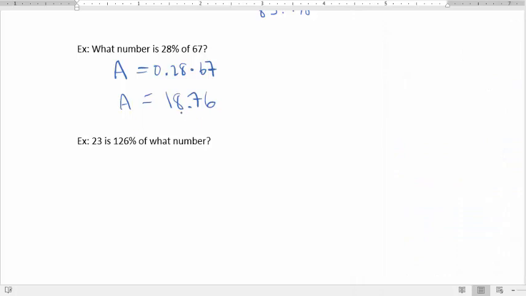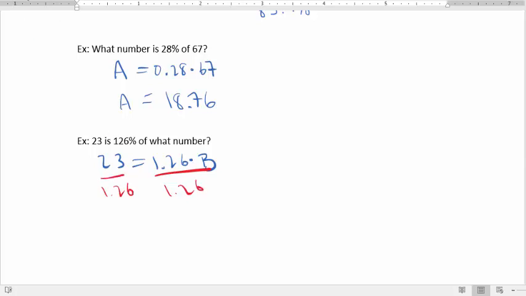Okay, so there I was solving for A, and in this last one, I'm going to be solving for B, right? So if I start doing my translation, 23 is 126%, which I would write as 1.26, "of" meaning multiplication. What number in this case is the base, right? So it's A equals P times B. And then I would solve this by dividing by 1.26.